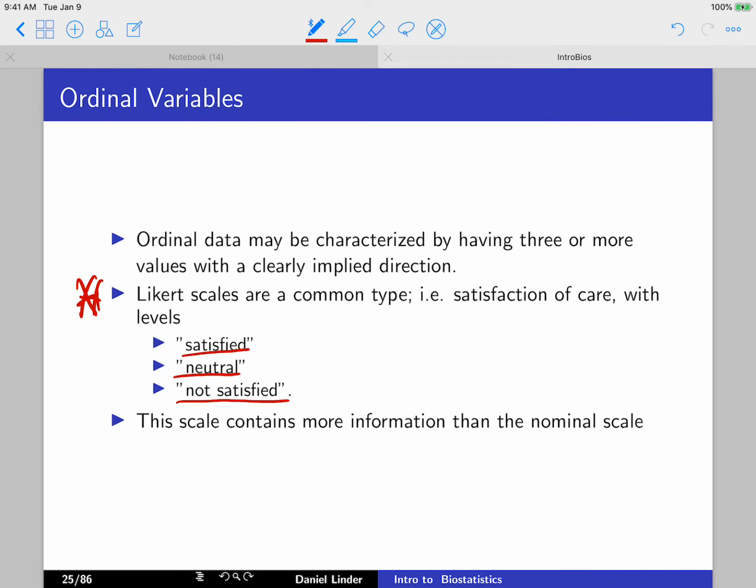So there's a clear ordering here from dissatisfaction to satisfaction in this direction. The thing about ordinal variables is that the distance between the categories isn't necessarily the same. For instance, the distance between satisfied and neutral is not necessarily the same as the distance between neutral and not satisfied. However, this scale does contain more information than the nominal scale, even with that in mind.